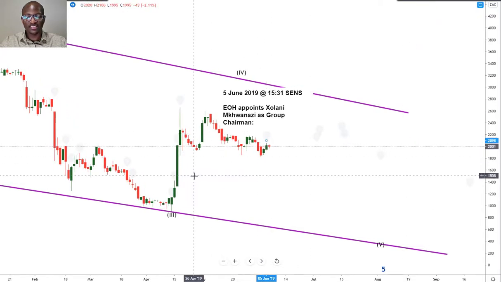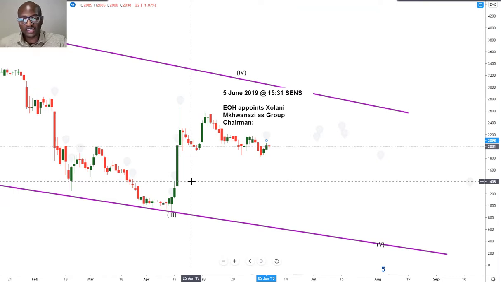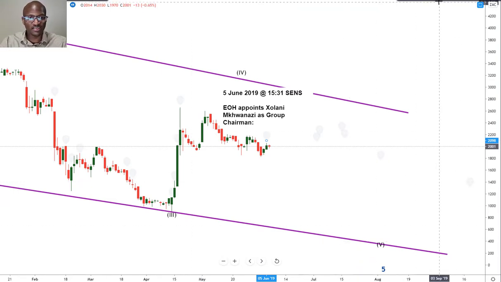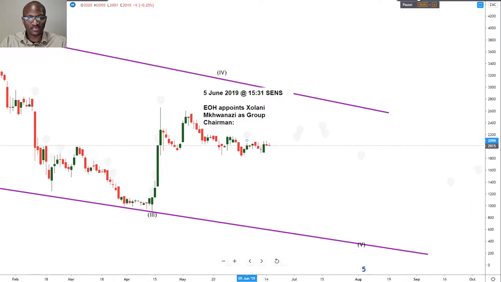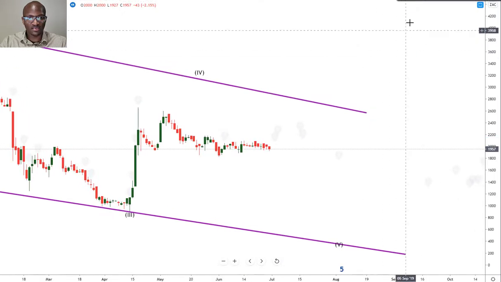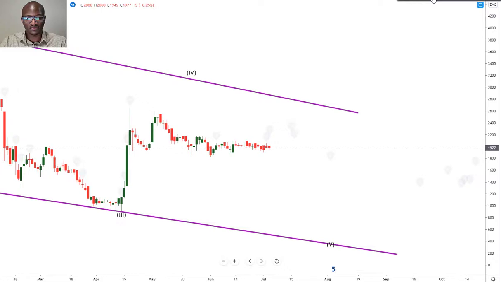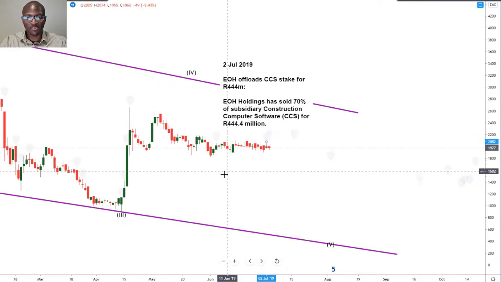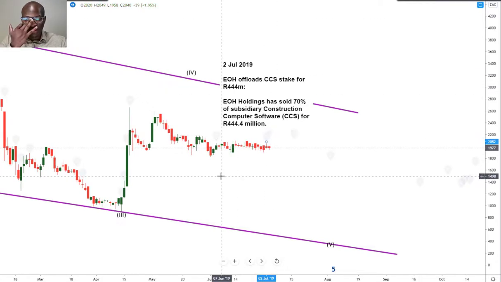On this day, 5th of June 2019, EOH appoints Xolani Mkhwanazi as group chairman. A couple of articles here. 2 July 2019, EOH offloads CCS stake for 444 million.